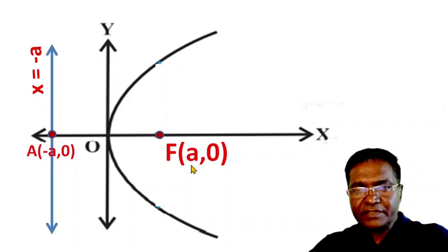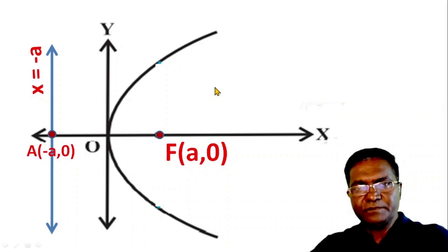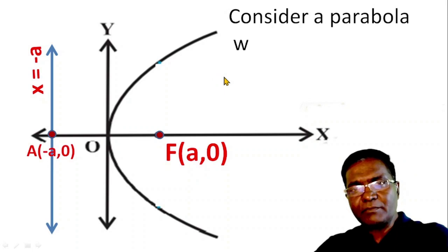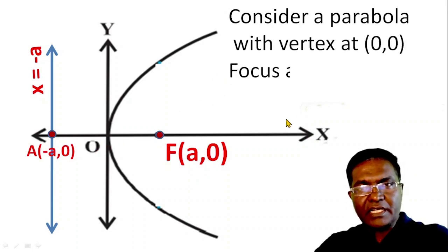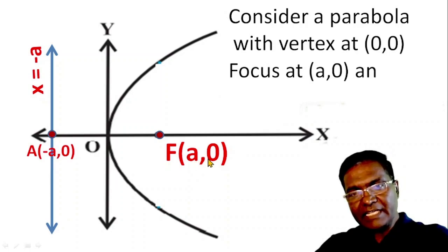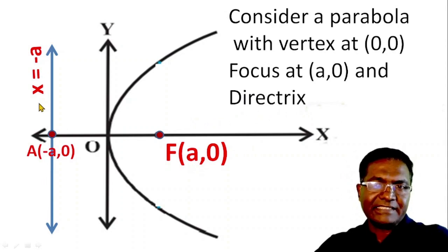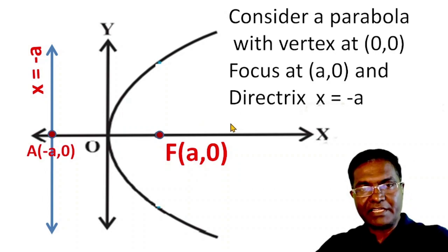The coordinates of F are a comma 0, the vertex is 0 comma 0, and the point A is minus a comma 0. So please write: consider a parabola with vertex at 0 0, focus at a comma 0, and the directrix as x equals minus a. This is the information that you require, so you need to remember this.